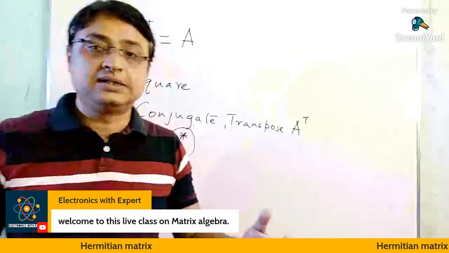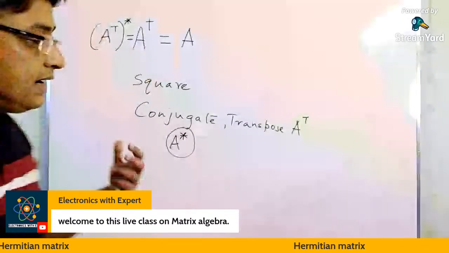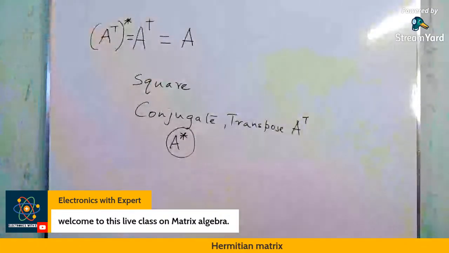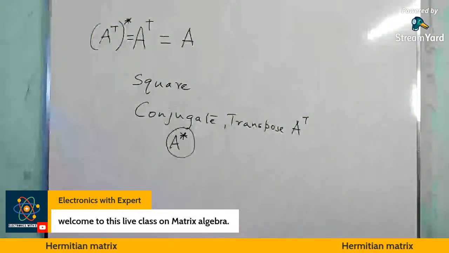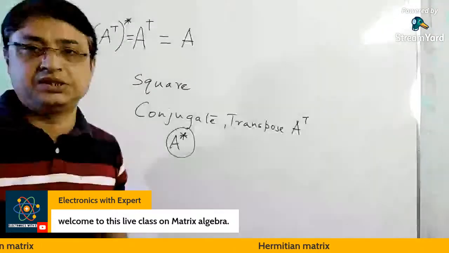Now there are many matrices which do not follow this particular law, and they are known as the skew Hermitian matrices.